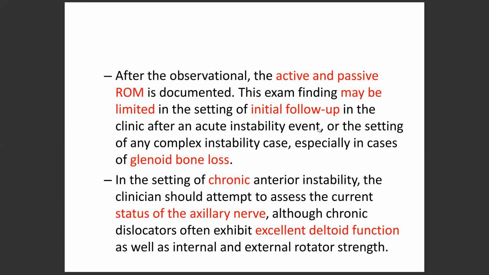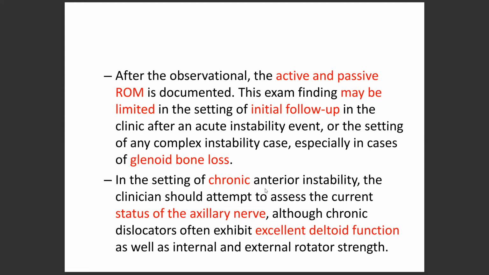The patient will be restricted in multiple directions because of pain and swelling. And specifically, if there is glenoid bone loss, it will be very difficult to assess all these findings. The range of motion will be very restricted and limited, specifically when glenoid bone loss is present.